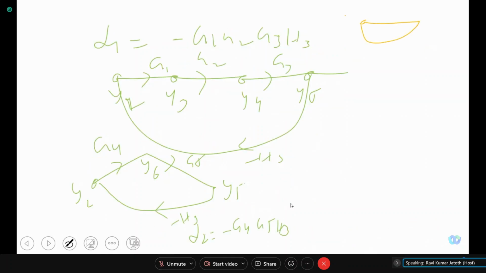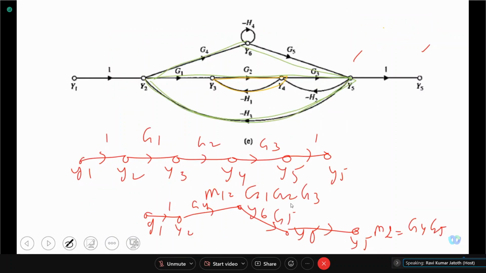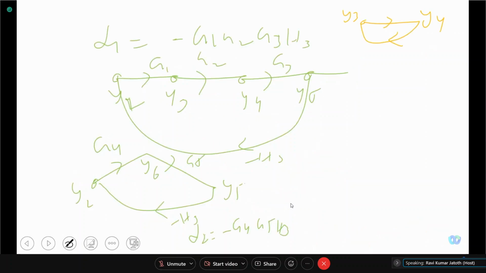Directions are very important. So Y3, Y4 and Y3, G2 and minus H1. So G2 and minus H1. So L3 is G2 minus G2 and H1.